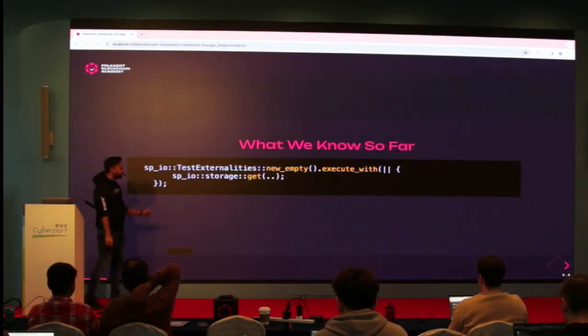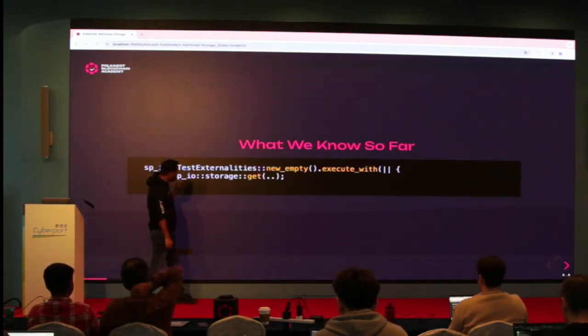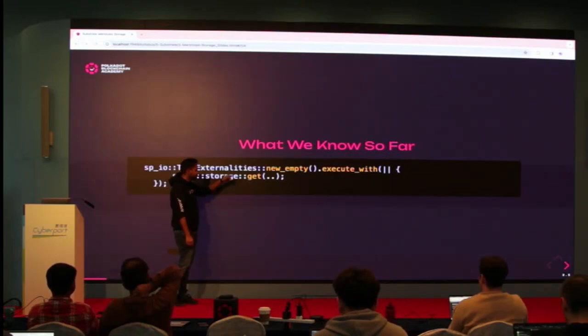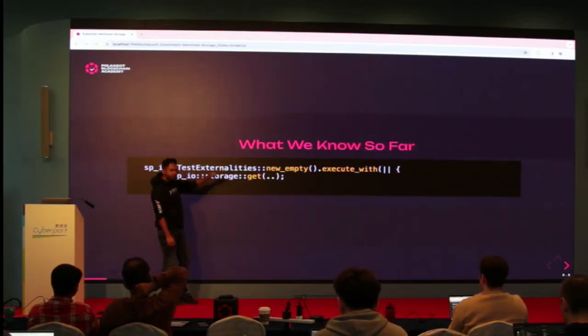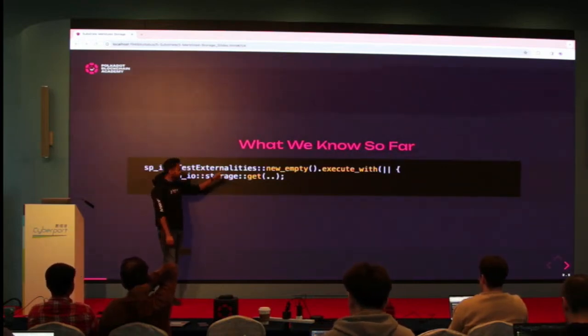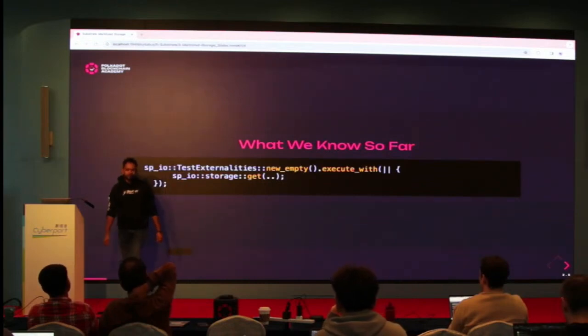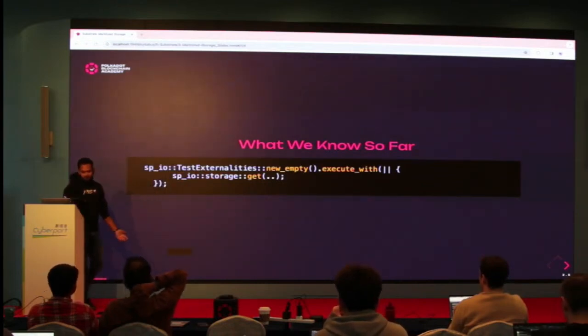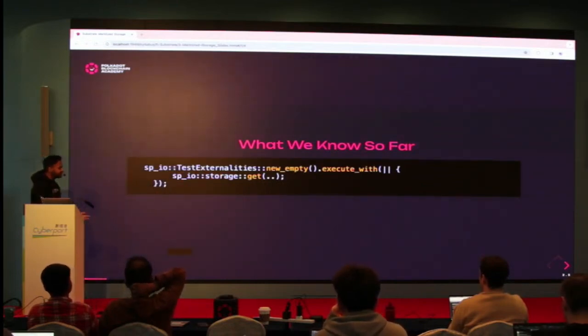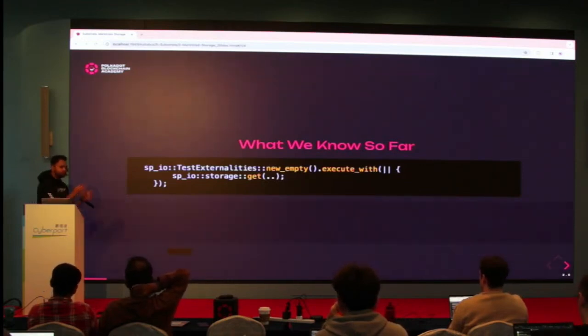You might have already noticed in your test, whenever you access this sp_io storage, you need to wrap it in externalities. If you don't do this, you will get an error. The reason is that it doesn't make sense to save state, or for these host functions to work, outside of the node.